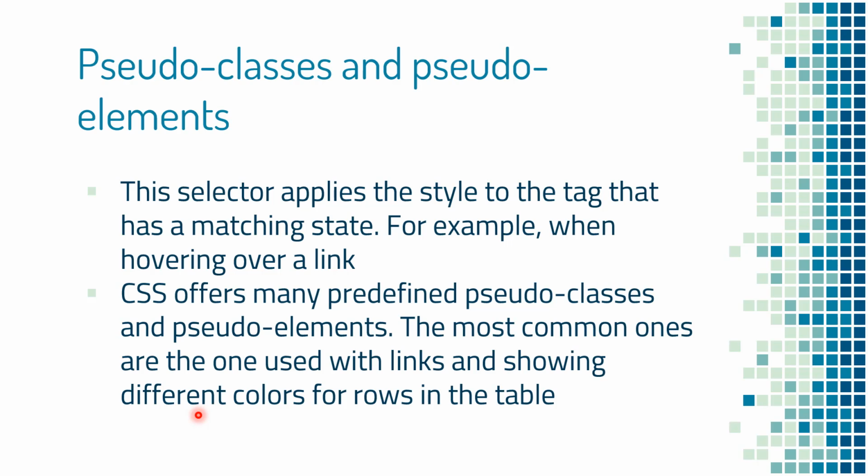This is what we call a state, because the first row has a different state than the second row, and a different state on the third row.